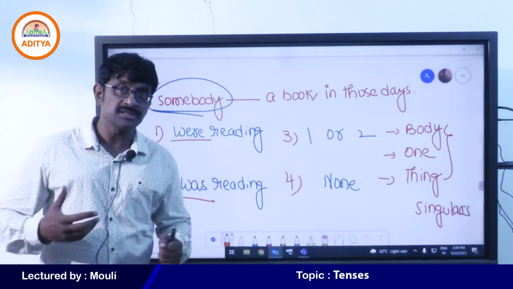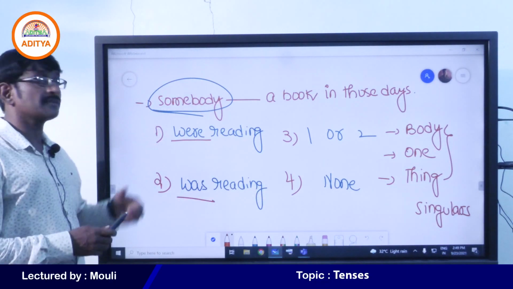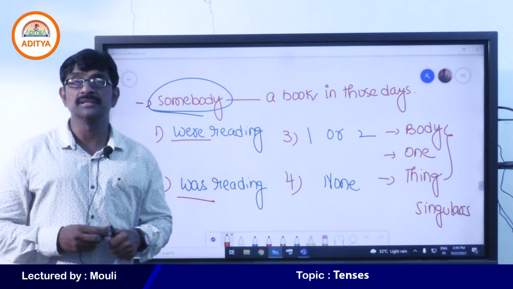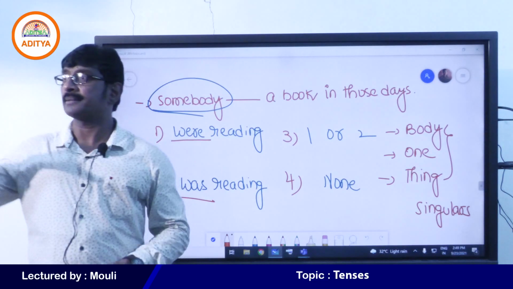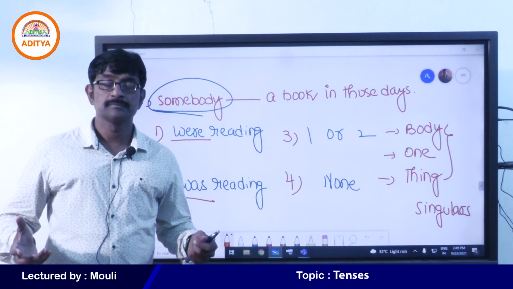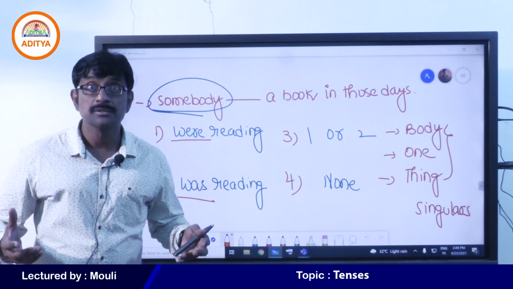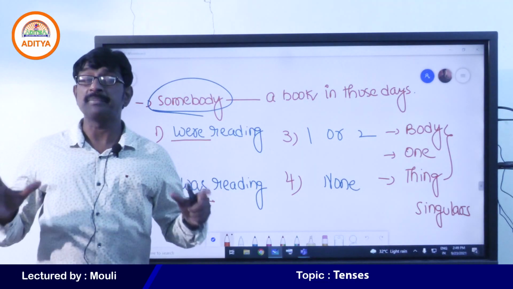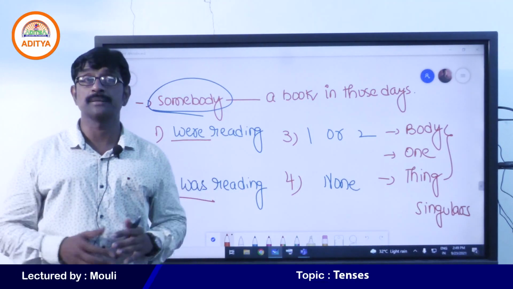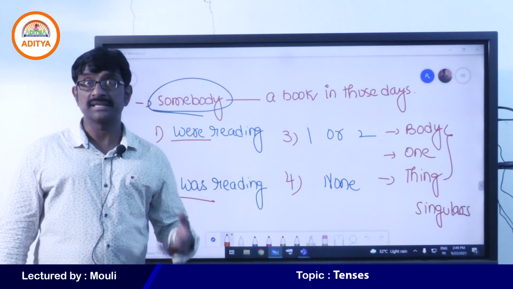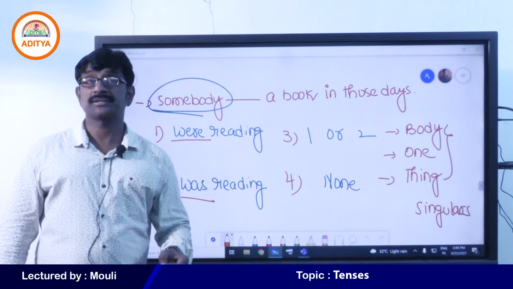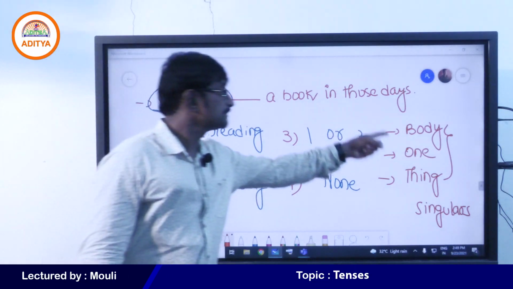Did you get my point? It is very difficult. Most of the people are confused with this. Somebody says somebody is plural, and somebody says somebody is singular. But nobody knows really whether somebody is singular or plural. But we have some keywords for that. We can easily correct it with the help of these.